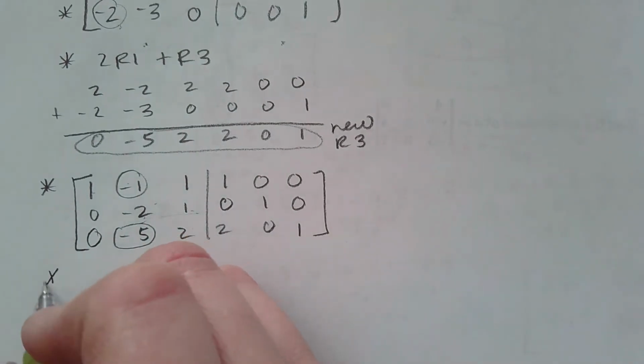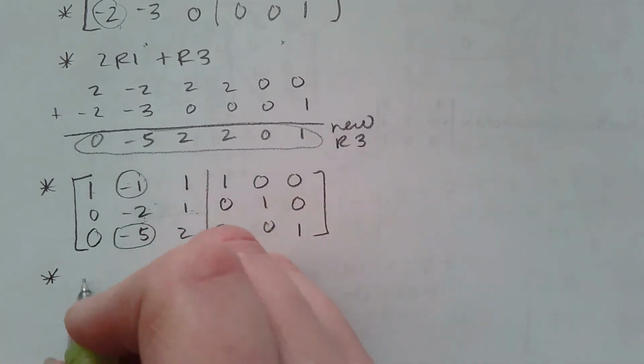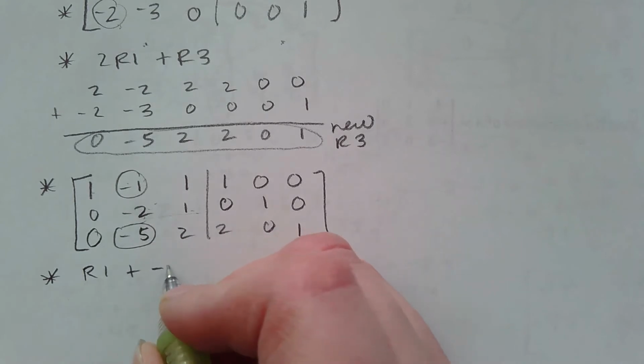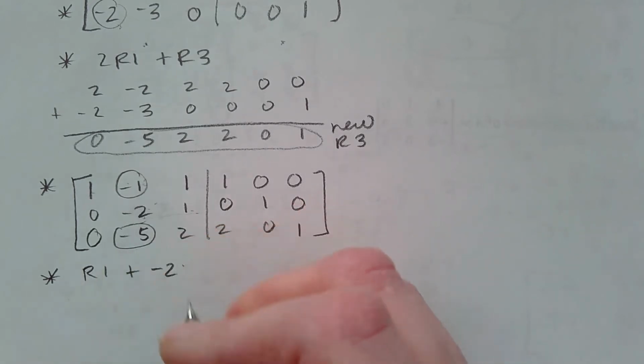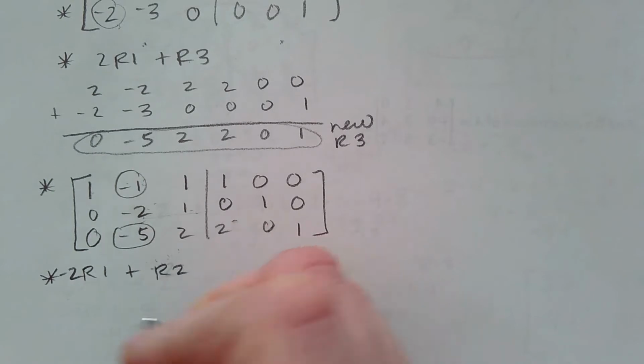So now I'm going to take my row 1, and it would make sense to match this with row 2. So let's do row 1 plus -2 row 2. Oh no, we'd have to do -2 of the row 1, wouldn't we? Plus row 2. Got that backwards. So let's go ahead and multiply that.